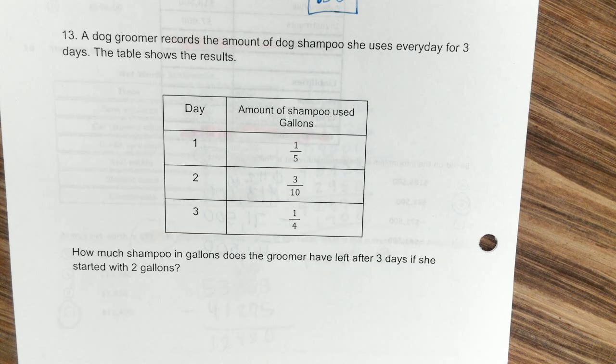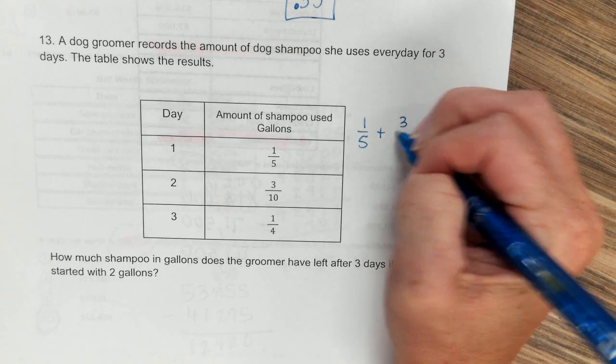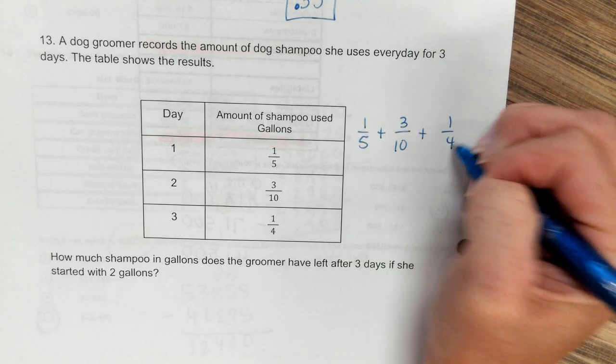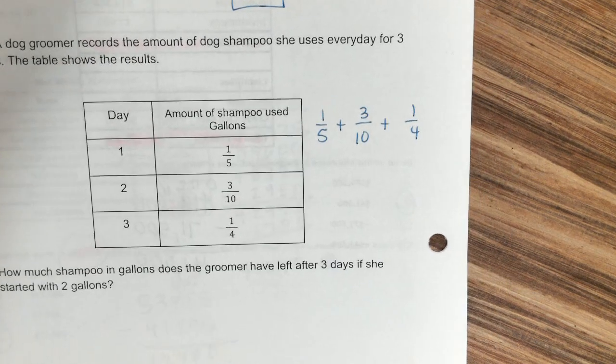Yes? All right, so I added them. 1/5 plus 3/10 plus 1/4. But to add them, I need a common denominator. What do they all have in common?